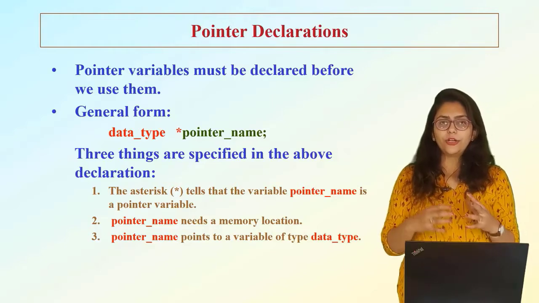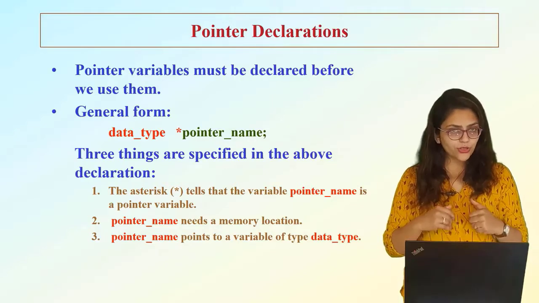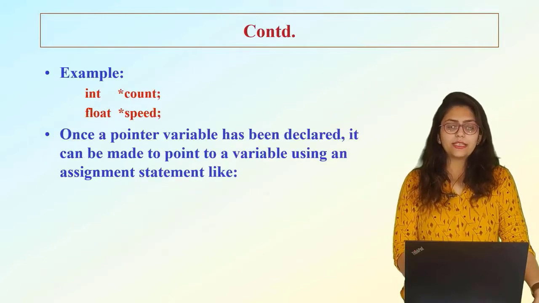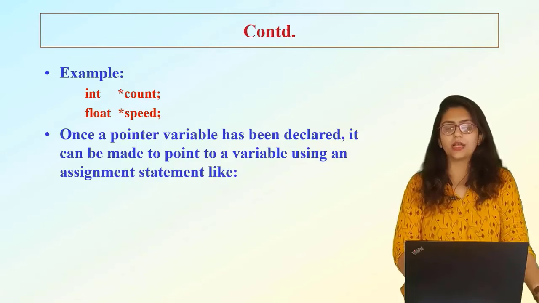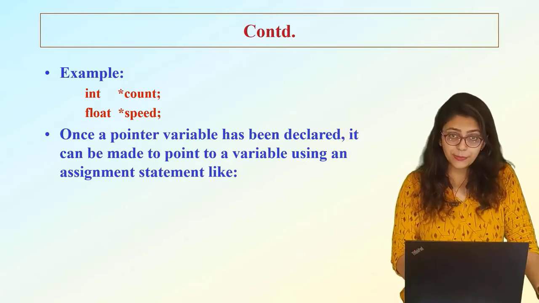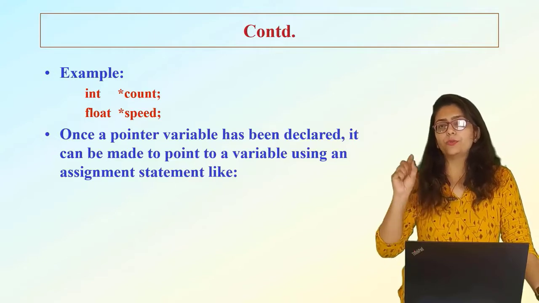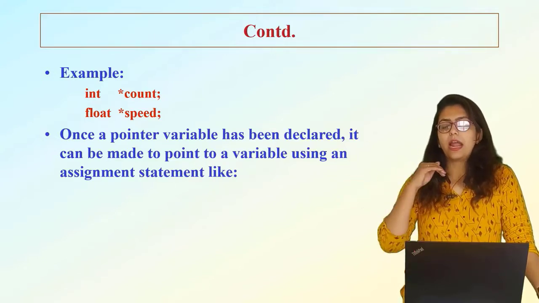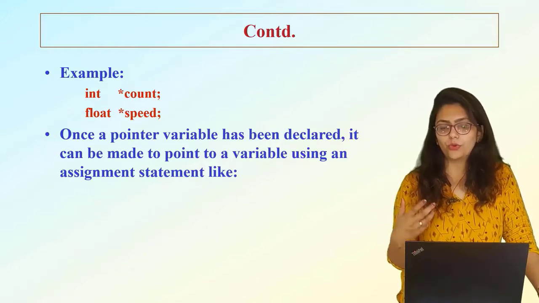So the data type will show what kind of value is being pointed to by my pointer. Now you can see the example over here. Here I have declared int *count and float *speed. That means count is a pointer which will point to an integer value, and speed is a pointer which will point to a float value.